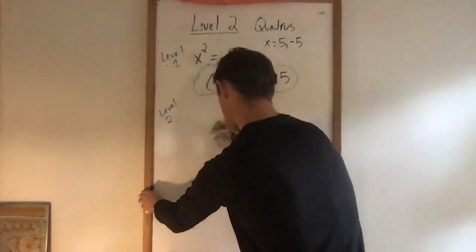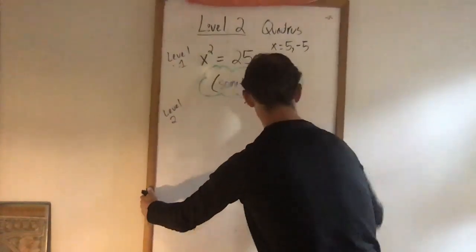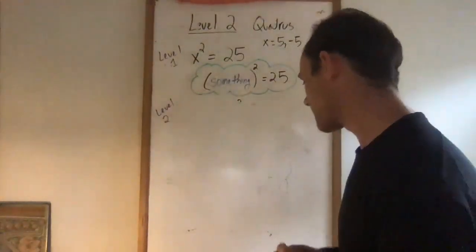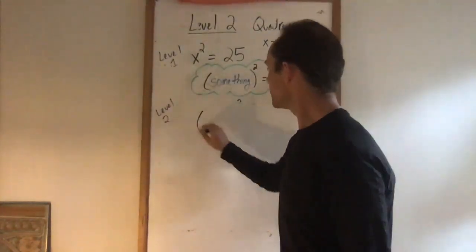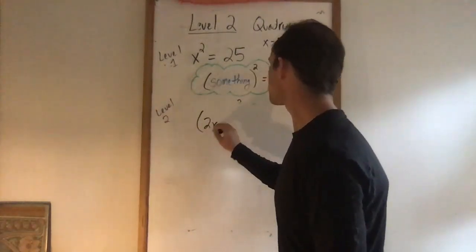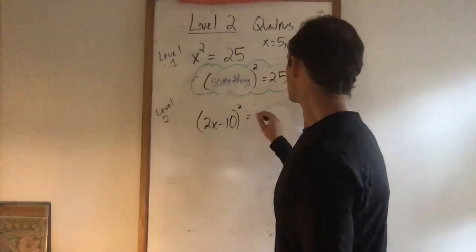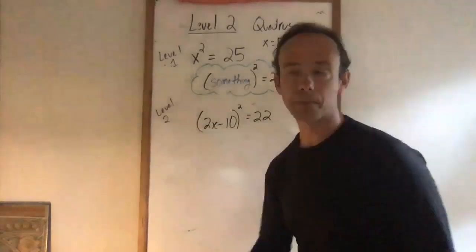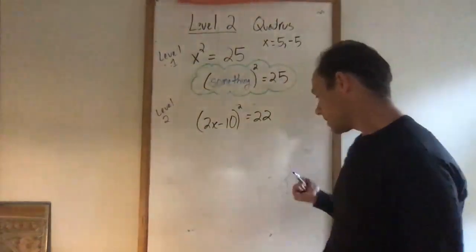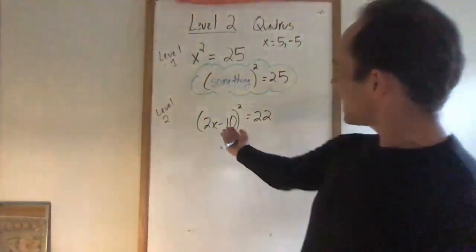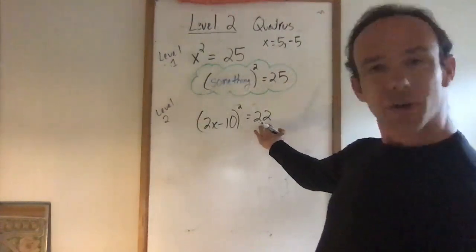Let's do another example. Oh, come on. Stay with me, board. Stay with me. All right. Here is another one. Let's do 2x minus 10, level 2, is equal to 22. All right, well, again, it's a level 2. So I got something squared is equal to 22.